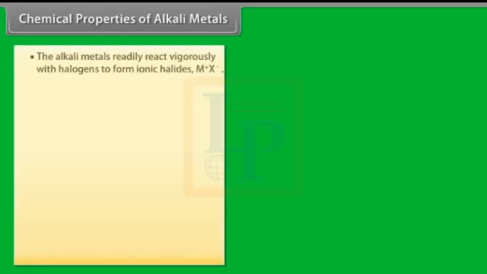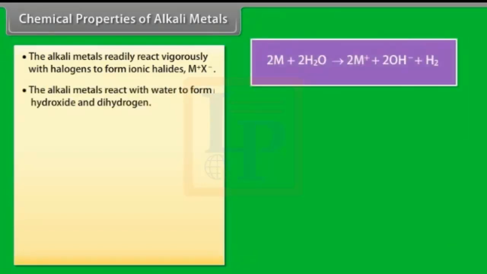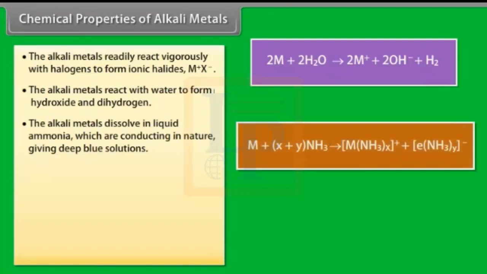Chemical properties of alkali metals. The alkali metals readily react vigorously with halogens to form ionic halides, M+ X-. The alkali metals react with water to form hydroxide and dihydrogen. The alkali metals dissolve in liquid ammonia, which is conducting in nature, giving deep blue solutions.